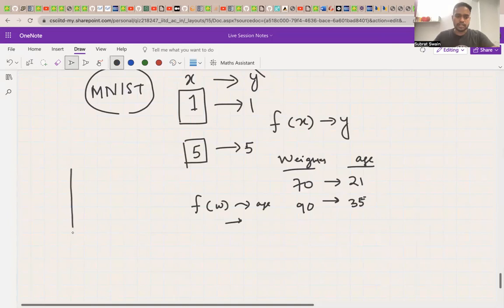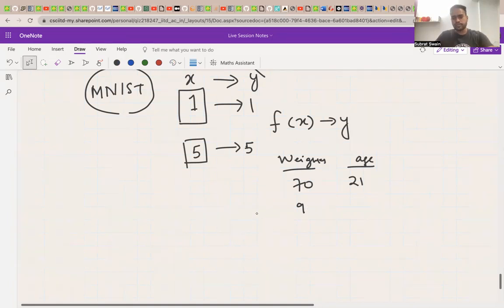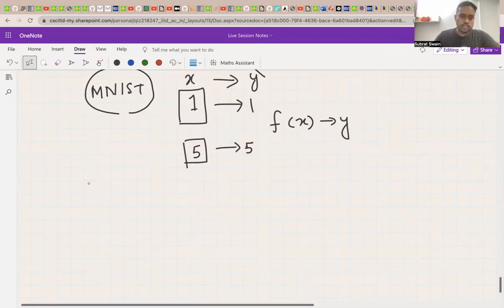Or rather, not weight and age, I can say experience, or the eye power, and then the age.